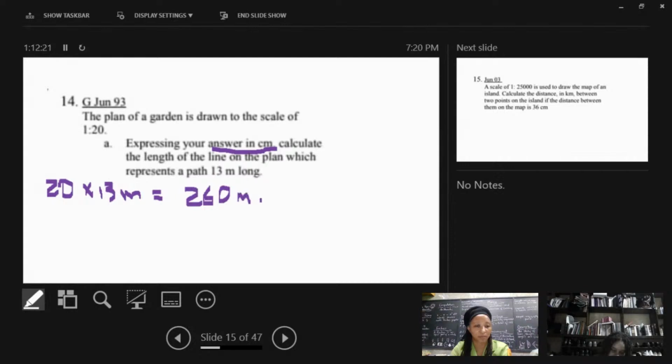And so essentially 260 times 100, which is 26,000 centimeters.